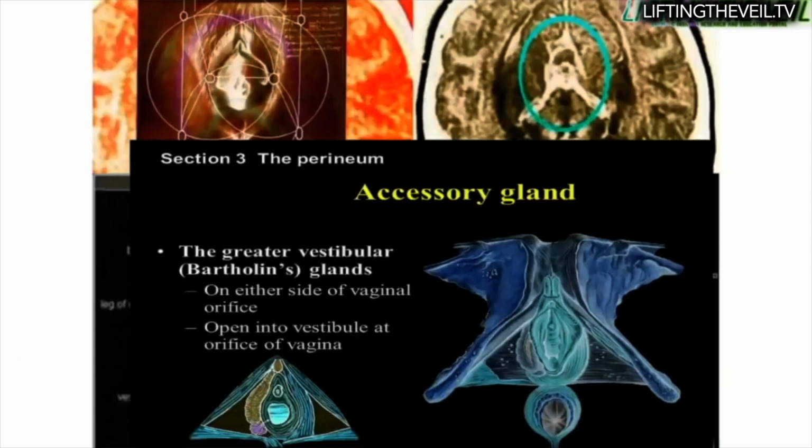And yet again, as I was just describing, we can see the obvious geometric similarities and the correspondences between what is as above to what is below within the female anatomy. And again, we can see the similarities.